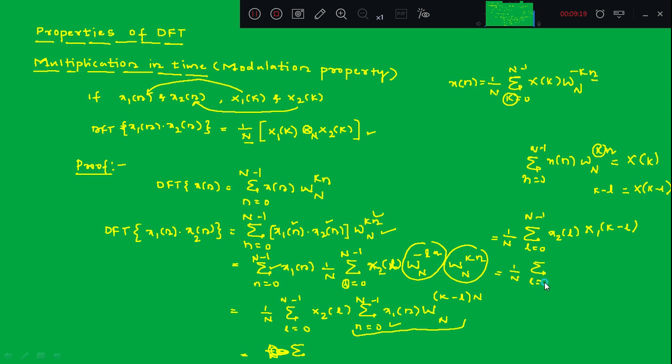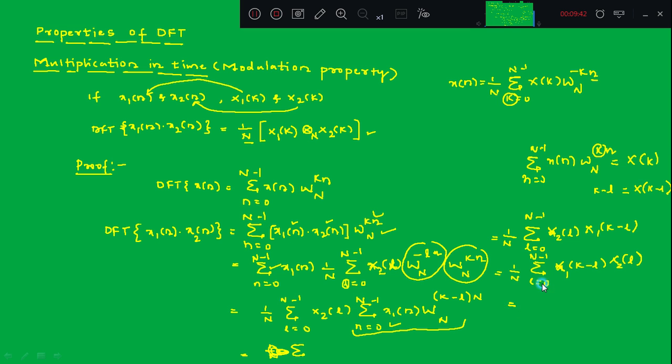I will take one more step. I will write like this: L is equal to 0 to n minus 1, capital X1 of k minus L, and here it is capital X2 of L, right? So what is this?